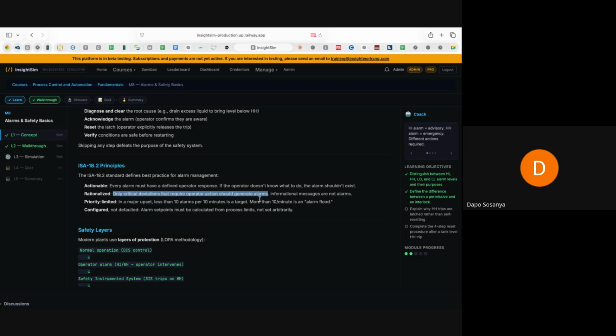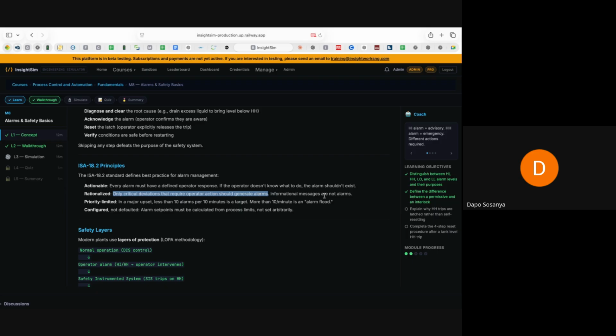If you look at this standard very well, there is a maximum number of alarms that is allowed to occur within a limit, based on design and engineering, because they realize that there is only so much response that the operator can give in the face of what we call alarm flooding. When alarms start coming in, at some point the operator will get overwhelmed.